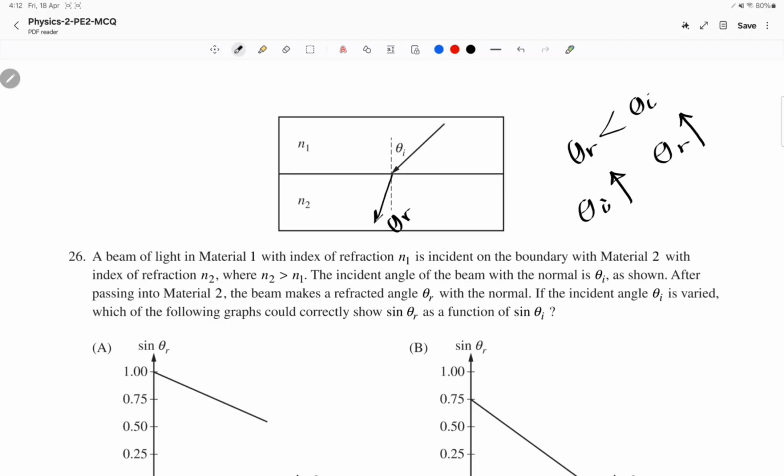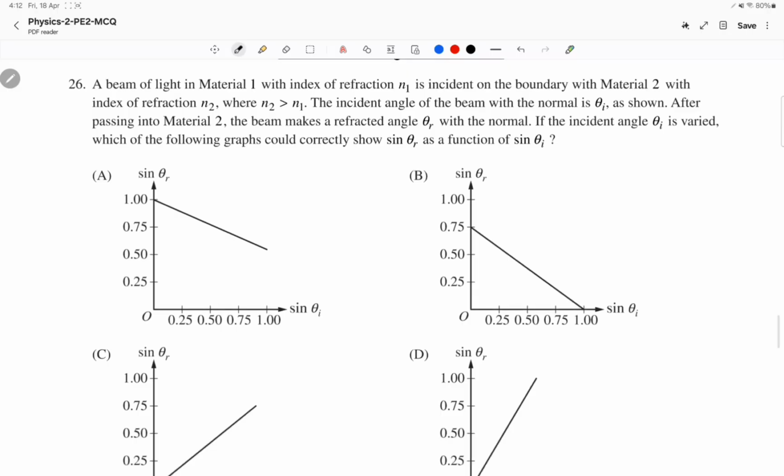Now, let's just talk about Snell's law for a second. So we're going to say sine theta i times n1 is equal to sine theta r times n2. And here, if you look at the figures, we are plotting sine theta r as the y-axis and sine theta i as the x-axis.